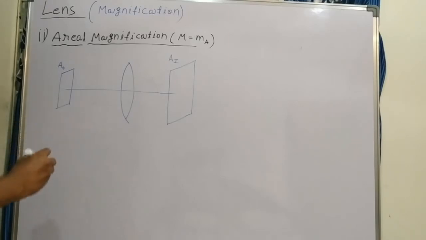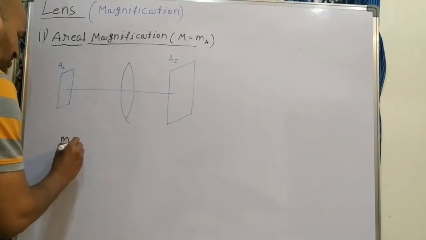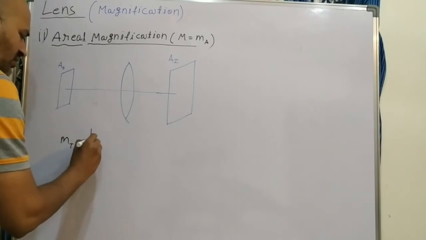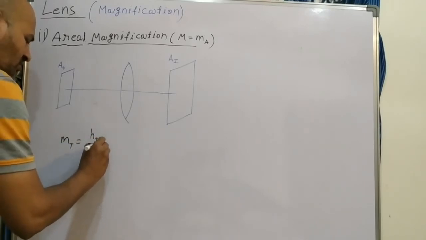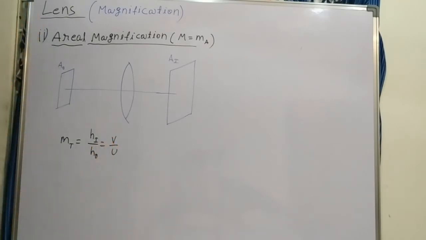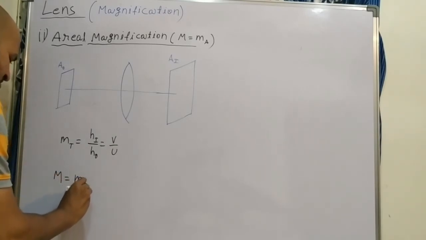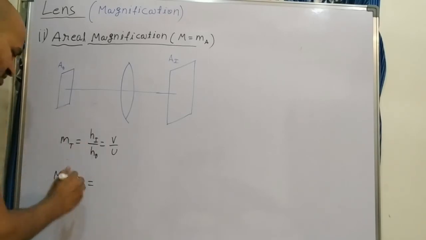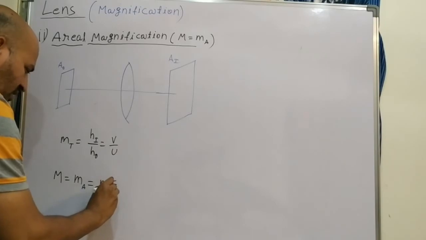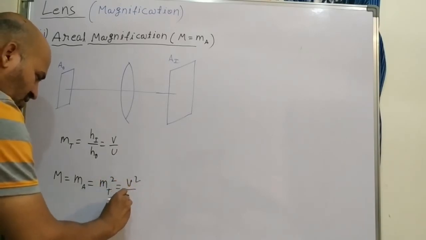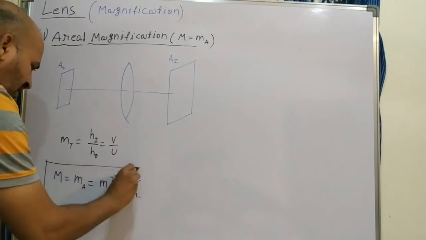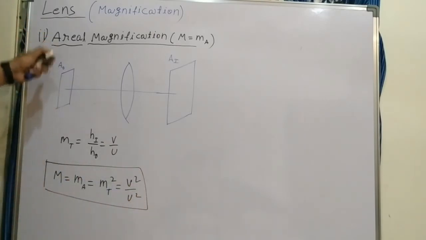We already discussed transverse magnification: M T is equal to height of the image by height of the object, which is equal to v by u. This magnification takes place in 2 directions. That's why the magnification of area M A is equal to the square of this, M T square, nothing but v square by u square. This is the areal magnification. How many times height increases, the same number of times width also increases. This is about areal magnification.